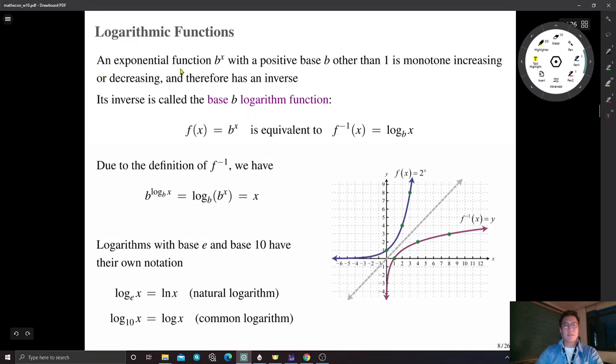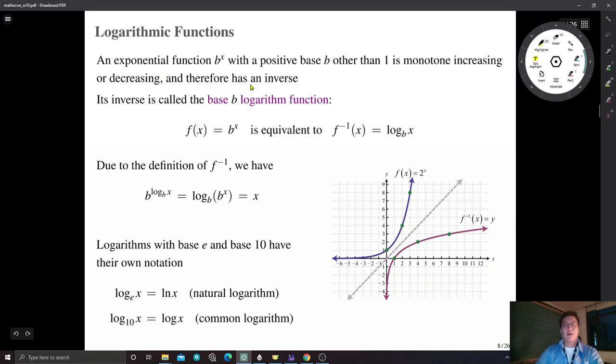When base is between 0 and 1, the graph of the function is symmetric with respect to the y-axis, so it's monotone decreasing, like this one. Either way, the function is monotone, either increasing or decreasing.